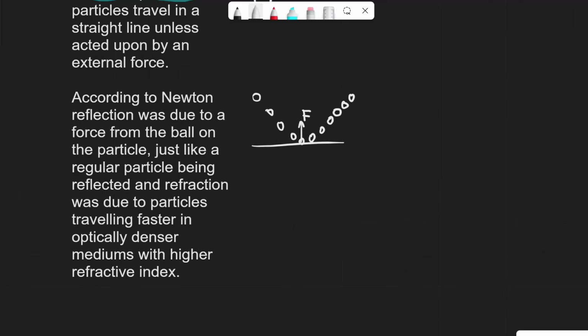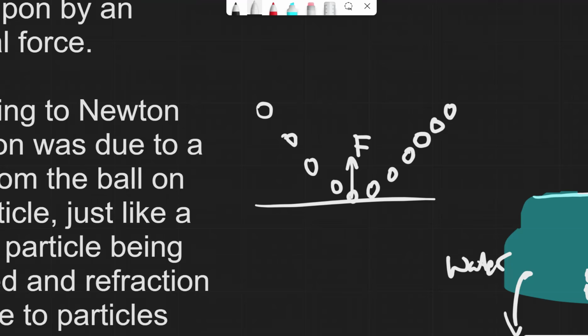Now, the other suggestion that Isaac Newton did was actually all about refraction. Notice something interesting about the reflection in this model. So the force is purely vertical, and because of this, the vertical motion only is affected.